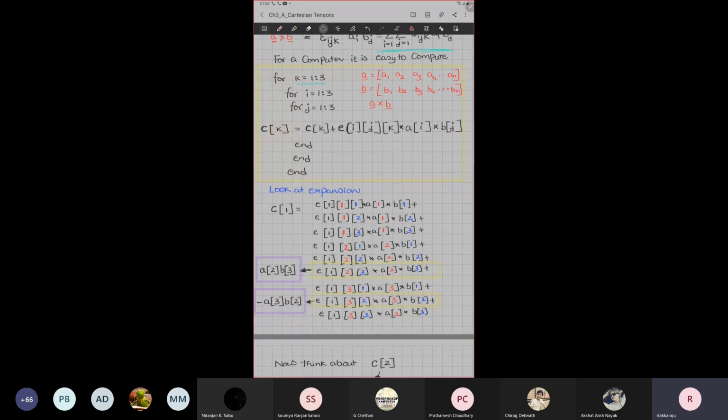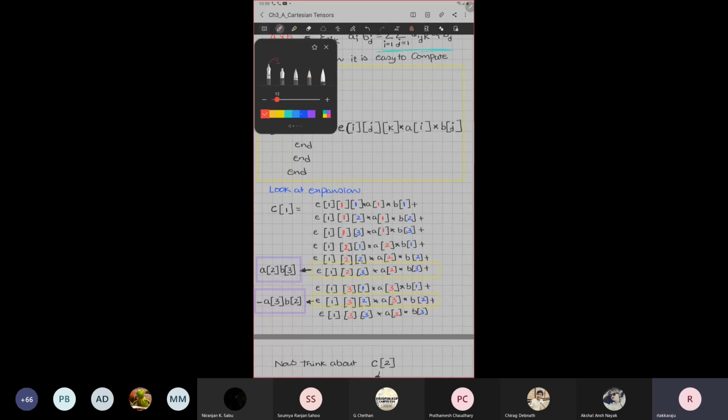Now what is EIJK? By this definition, we have already established the algorithm. Now what the computer does is a pretty straightforward and easy thing.